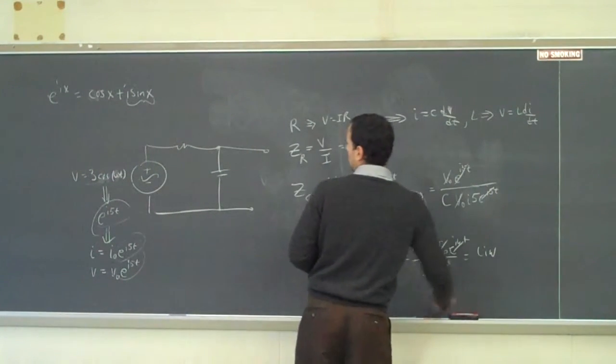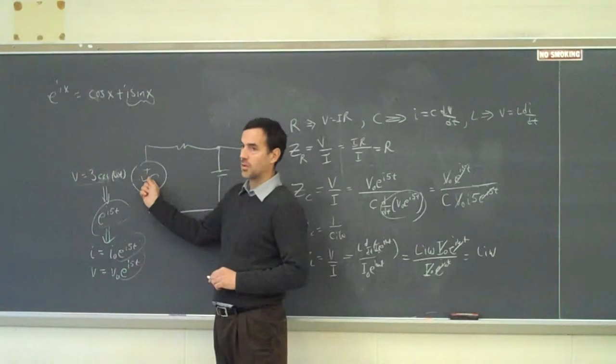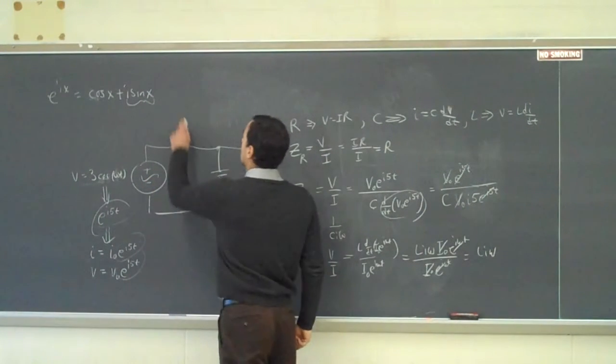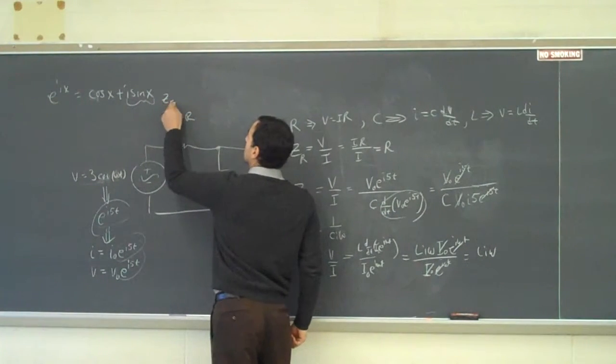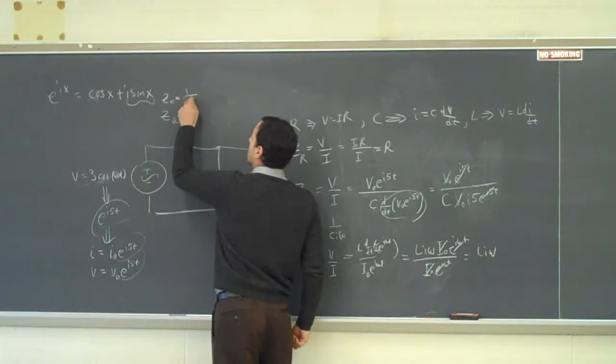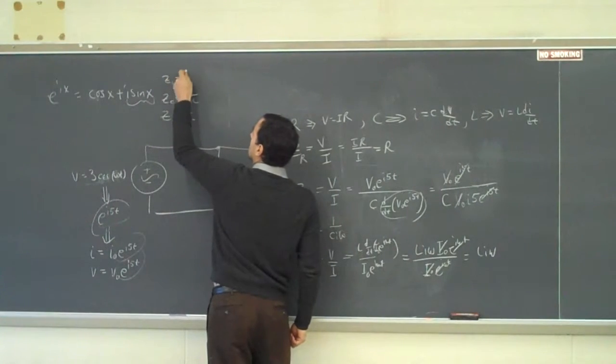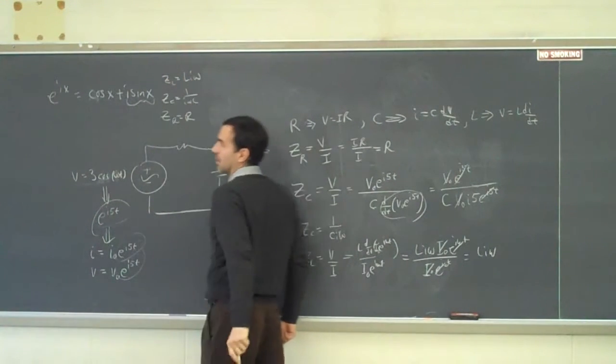So for a circuit where you have a sinusoidal input, the impedance of a resistor is R. The impedance of a capacitor is 1 over i omega C. And the impedance of an inductor is L i omega.